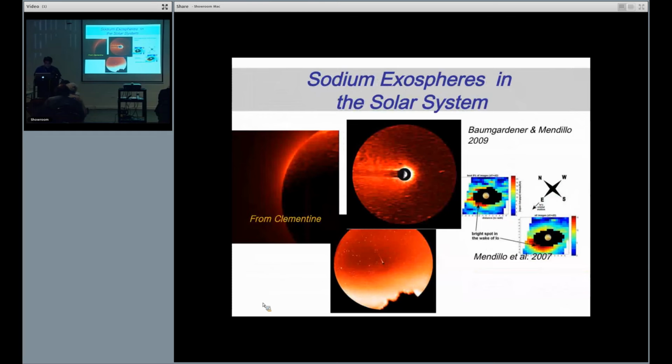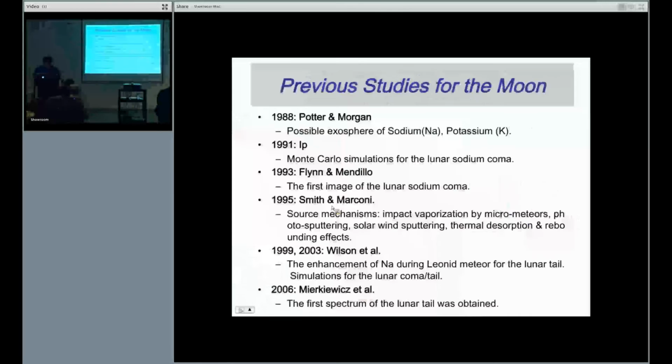And here are several sodium exospheres observed in our solar system. This is for the Moon, and the Mercury and Io cases, and this is a lunar horizon glow due to lunar dust. There have been many previous studies of the lunar exosphere.